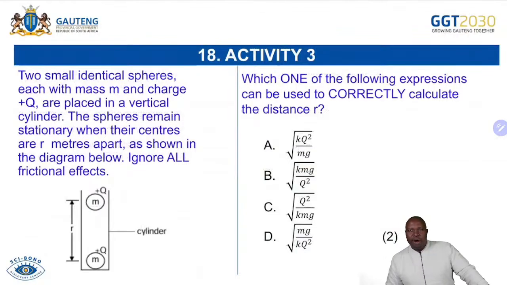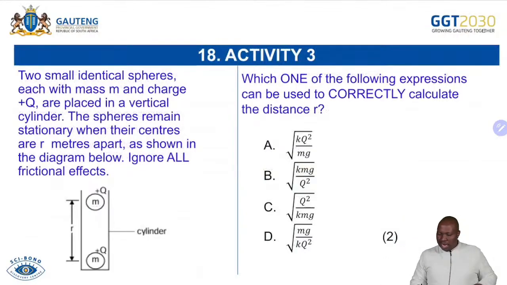Important. Now, you know our formula is F equals K Q1 Q2 over R squared. In terms of looking for the formula to calculate R, you will cross multiply there, and if Q1 and Q2 are equal, you will get KQ squared.